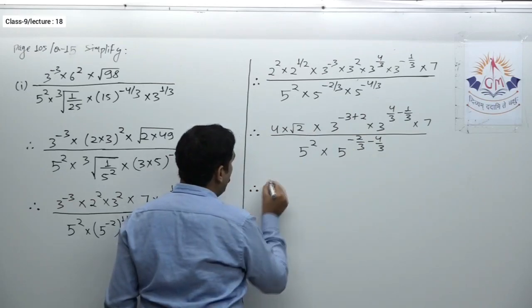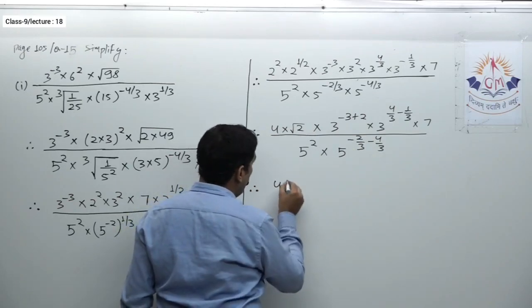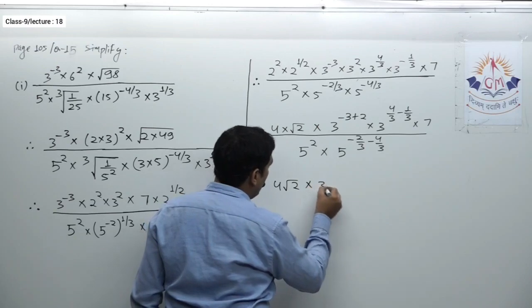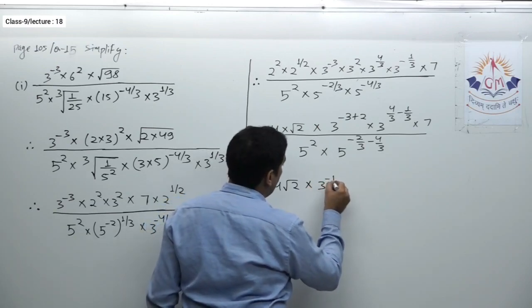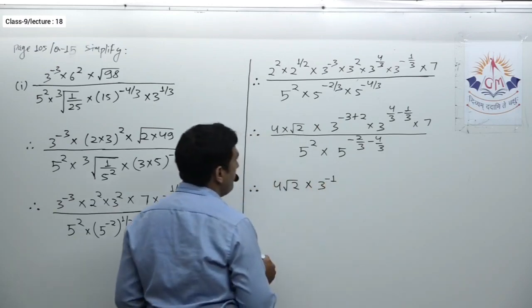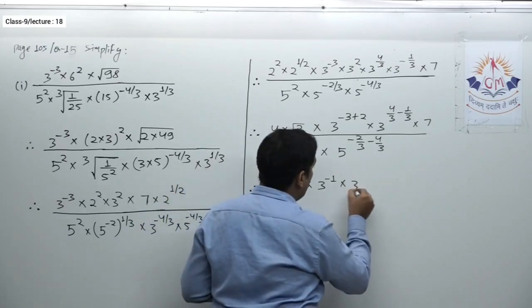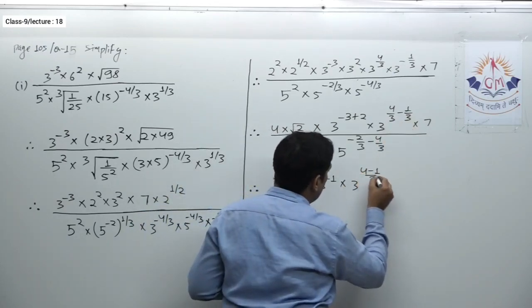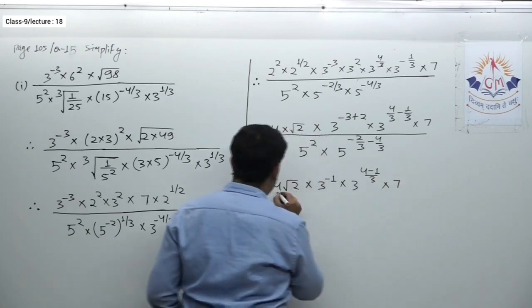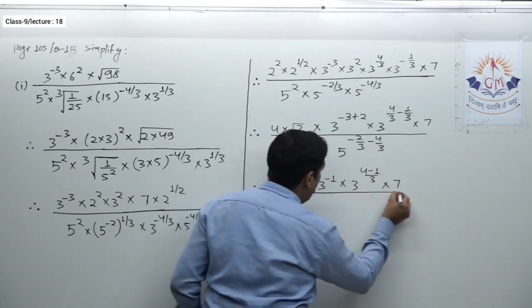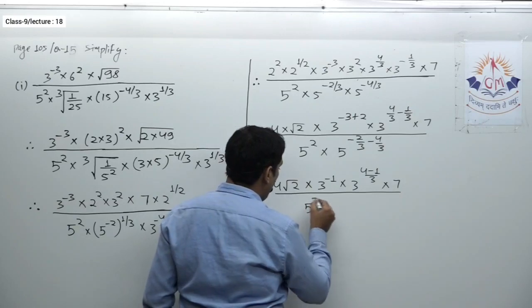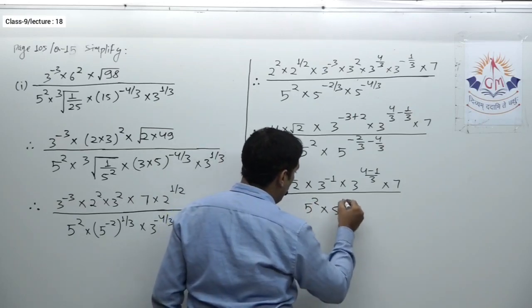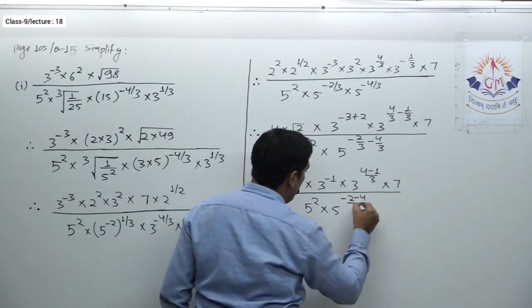Now in the numerator it is 4 root 2 multiplied by 3 raised to minus 1, into 3 raised to 4 minus 1 by 3, into 7. And in the denominator we have 5 square into 5 raised to minus 2 minus 4 by 3.